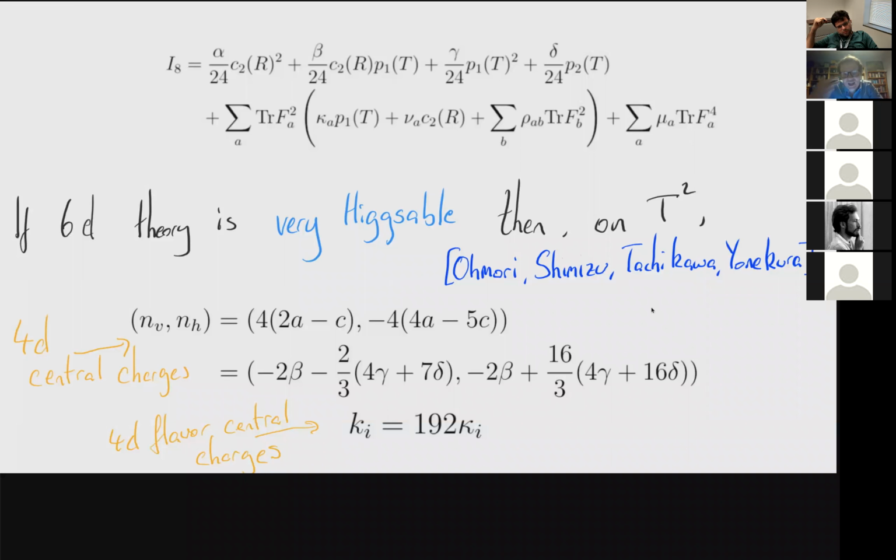This was worked out in this paper of Omori, Shimizu, Tachikawa, and Yonakura. It relies on this important assumption that the 6D theory is what they call very Higgsable. In our case, every theory that we will consider will be very Higgsable, so we don't have to worry about this theorem. But if you want to start matching other 6D theories on T^2, you may have to start worrying about this condition.